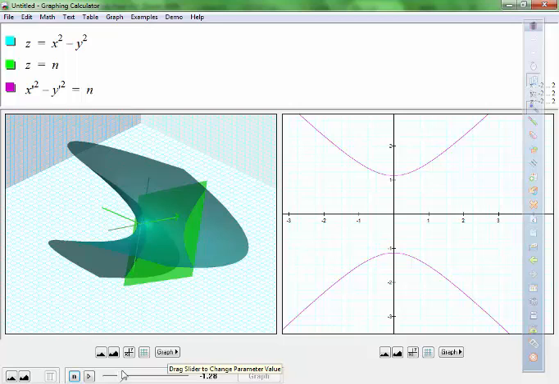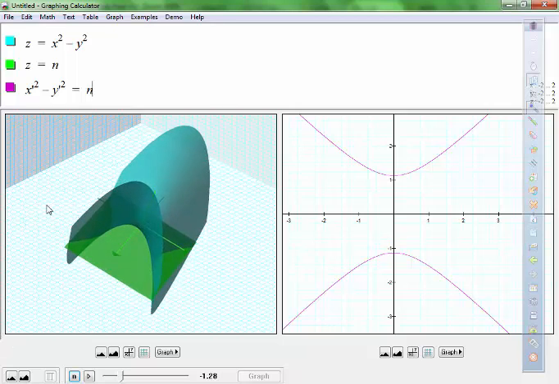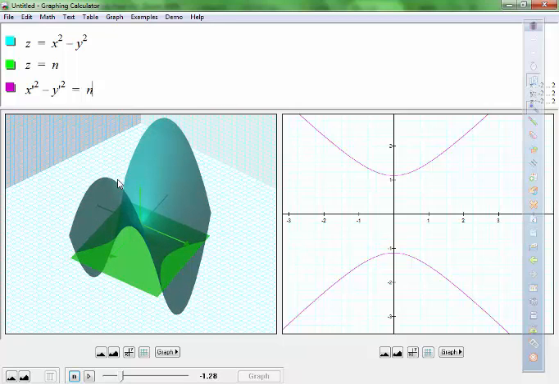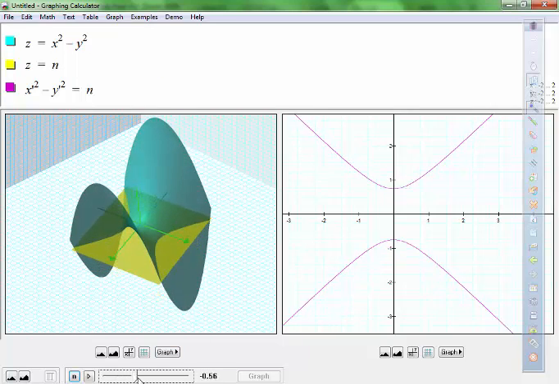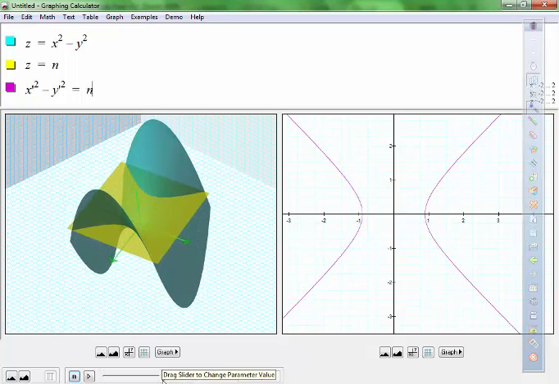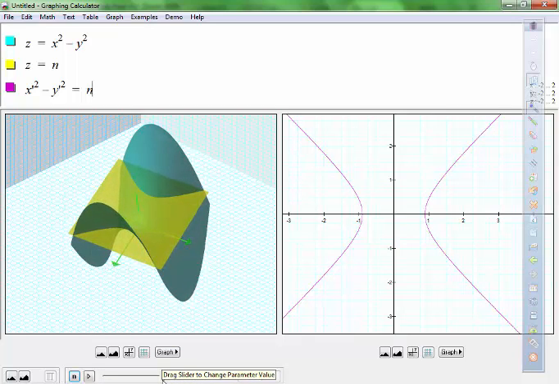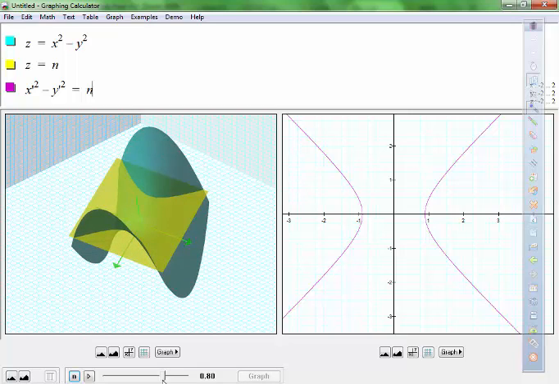Now can you see? So these are traces when we make our cuts along the XY plane. All right?